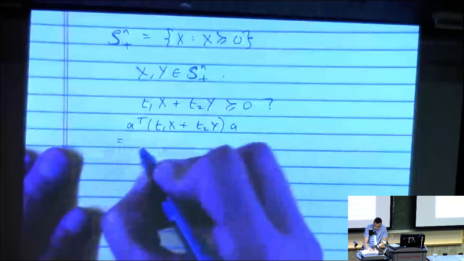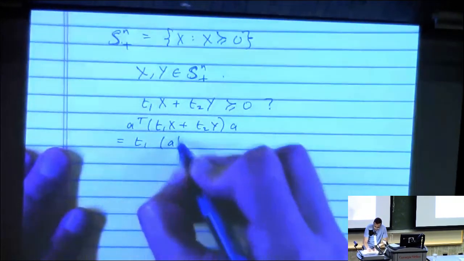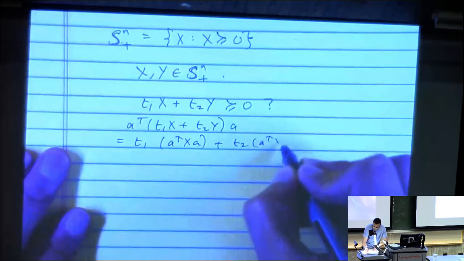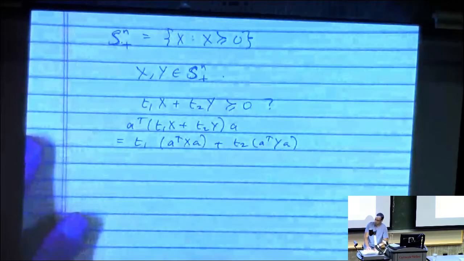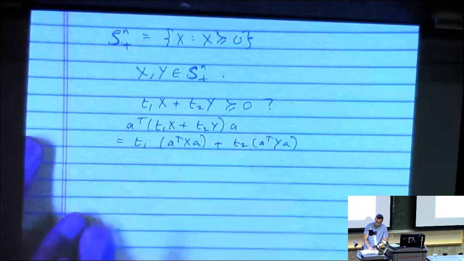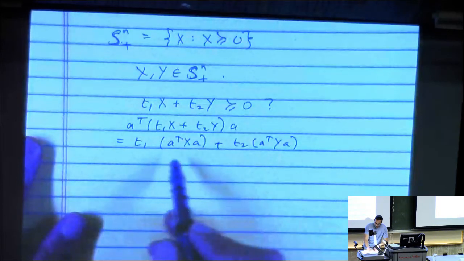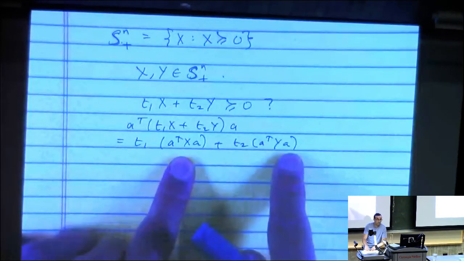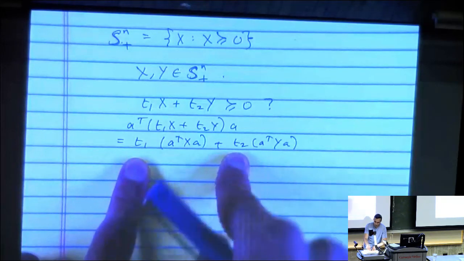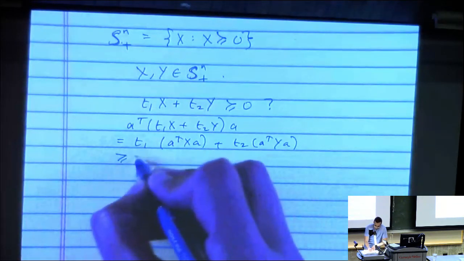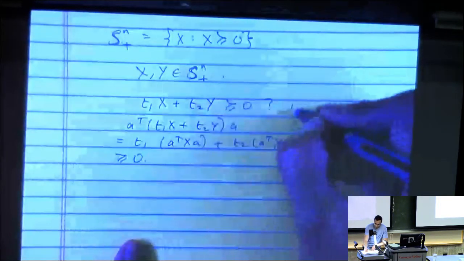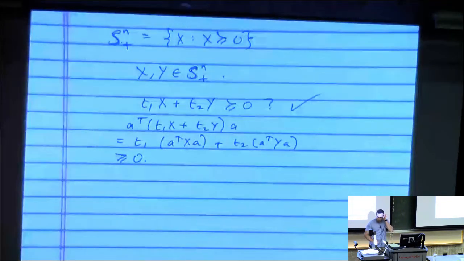This is equal to t1 times the quantity A transpose xA plus t2 times the quantity A transpose yA. I just move the A's in through this sum. I factored out these constants t1 and t2. This is non-negative. That's non-negative. And actually t1 and t2 are also non-negative, right? By choice here. So this whole thing is non-negative. So that we've checked this property. So it's therefore a convex cone.